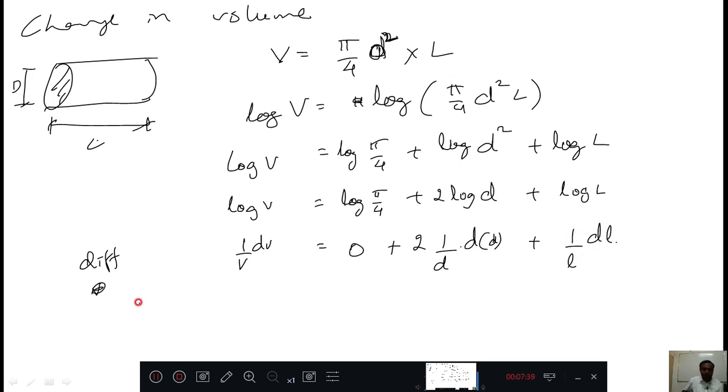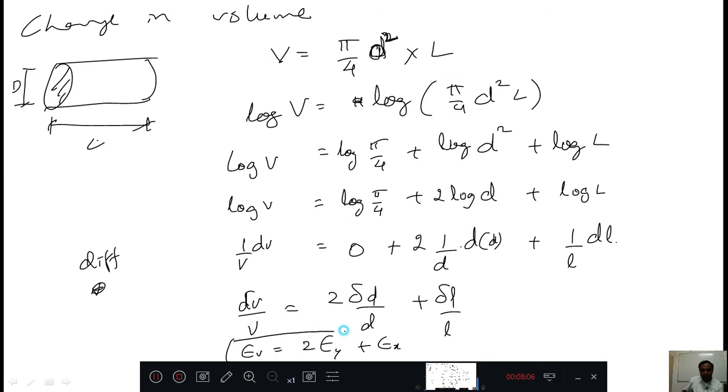Now if you see keenly, you will find that delta V by V equals 2 times delta D by D plus delta L by L. What is this delta V by V? That is your volumetric strain, which is 2 times the strain in the y direction plus the strain in the x direction.